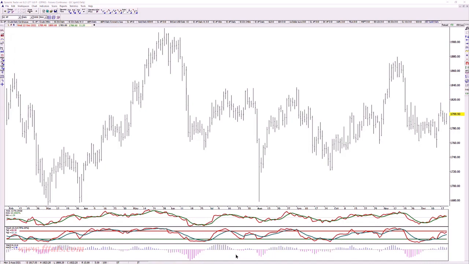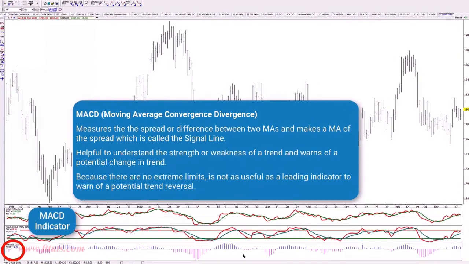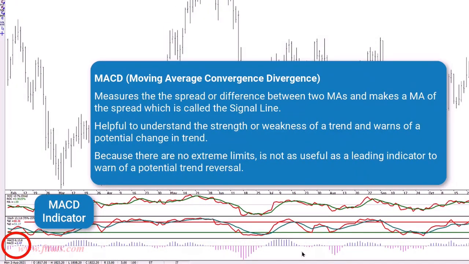So let's go down and look at the MACD. The MACD, Moving Average Convergence Divergence, does just what its title says. It's looking at a couple of different moving averages, and at how close they converge or diverge with each other. For instance, this is displayed as a histogram.